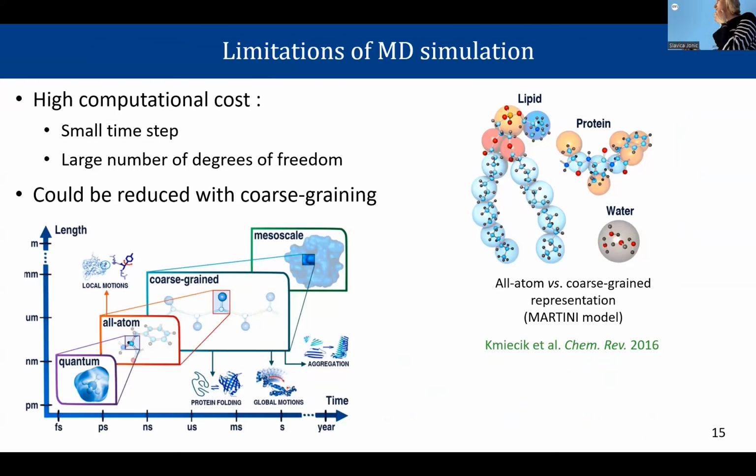As I said, what we can do to speed up is replace a number of atoms with some representative atoms, and this is what we call coarse grain. Here you have a kind of time scale where you can see these coarse grain models can simulate conformational changes at the scale of milliseconds, for example.